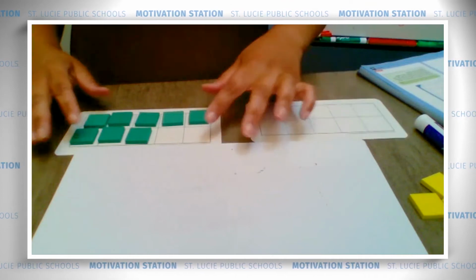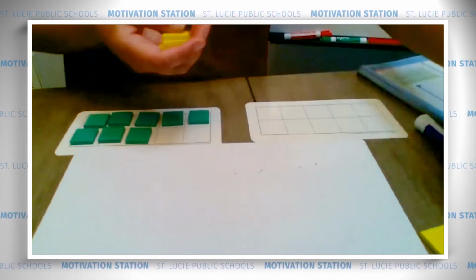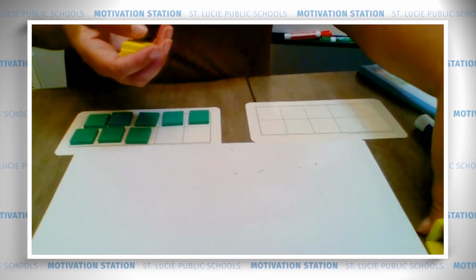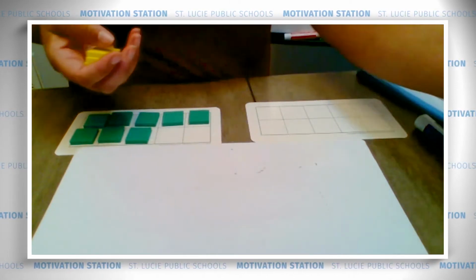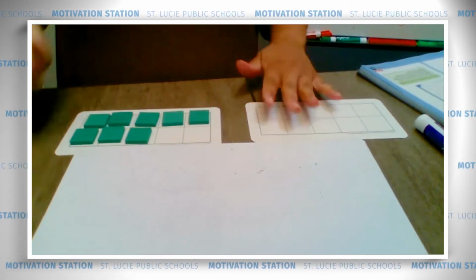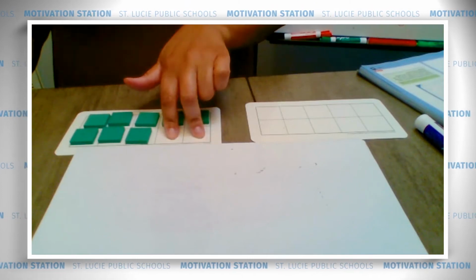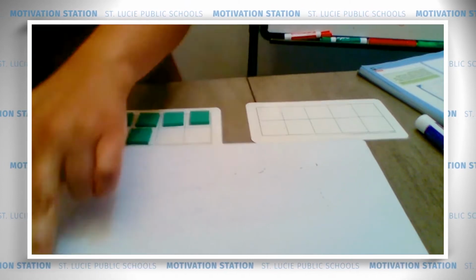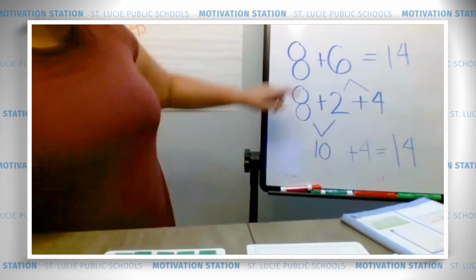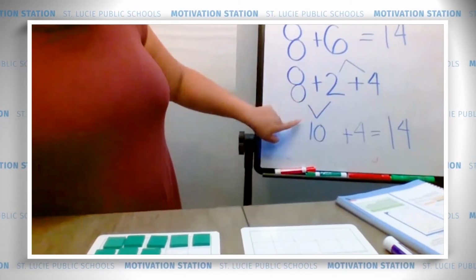Okay, and we need to add 6 more to this. Oh, I have a hard time grabbing them. 8 plus 6. Before I add these 6, I see 2 empty spaces. So remember, we knew before I pulled from this 6 that I was going to need 2 more to make 10.